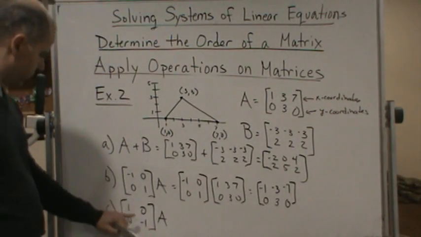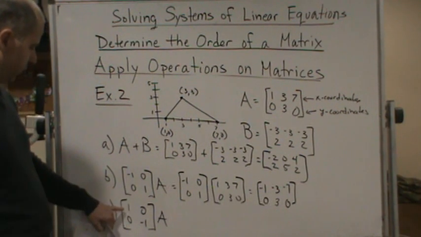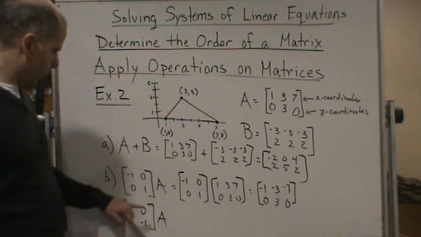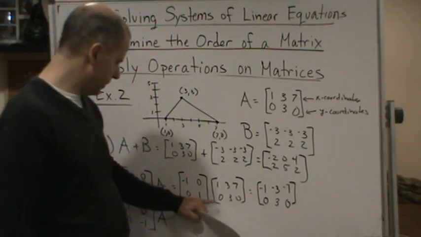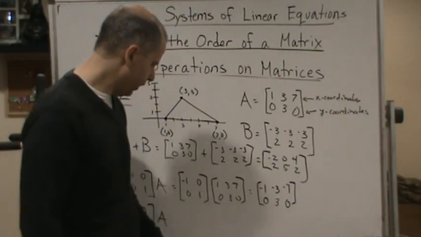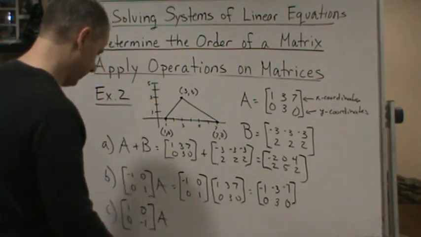So now we're switching these. Now this is positive and this is negative. So what do you think this is going to do? Well, this row is going to repeat the first row, and this row is going to take the opposite value of this row. So it's going to end up being a reflection across the x-axis, right?